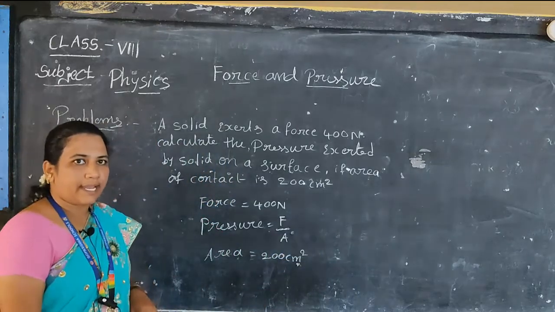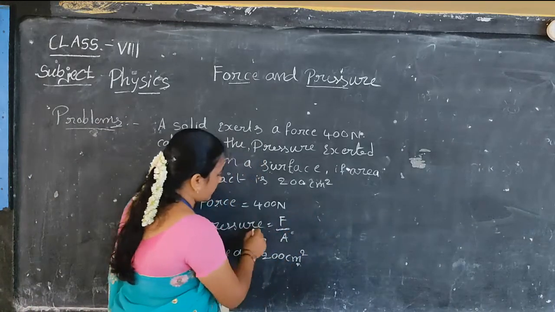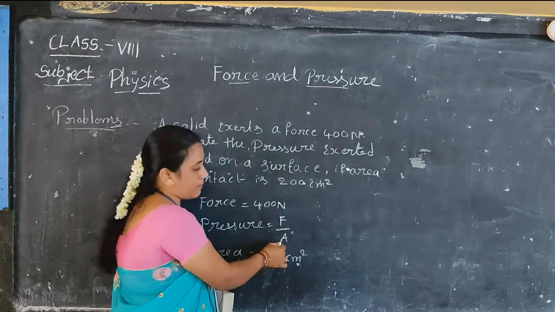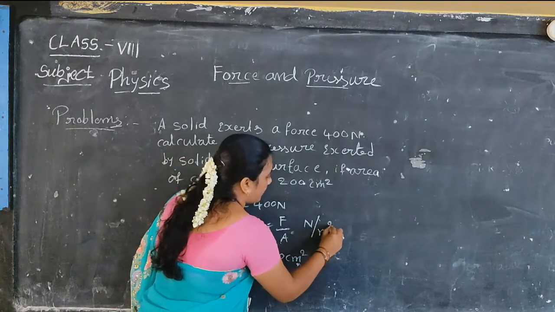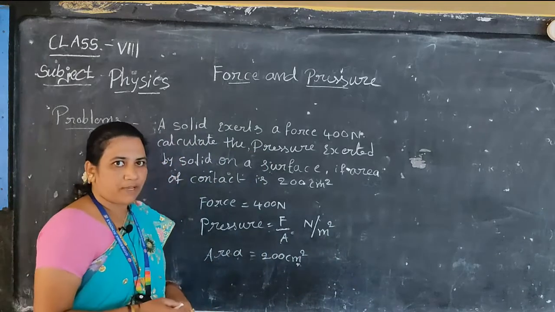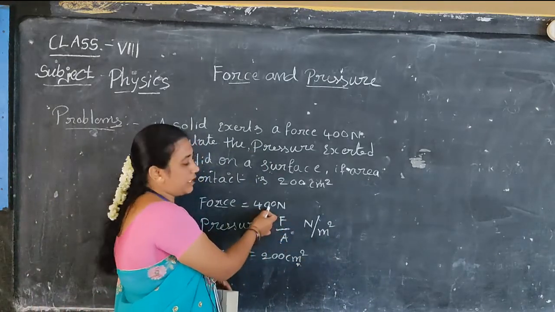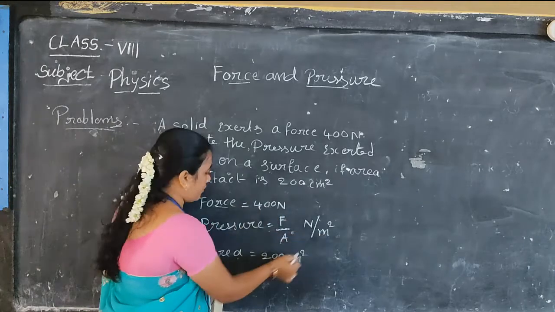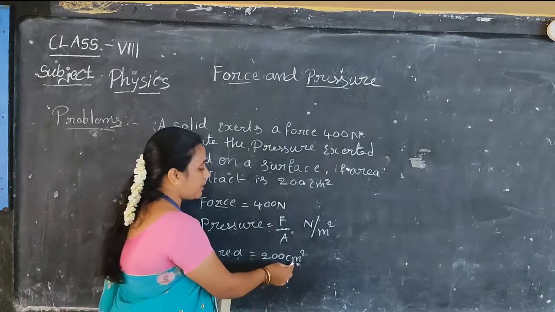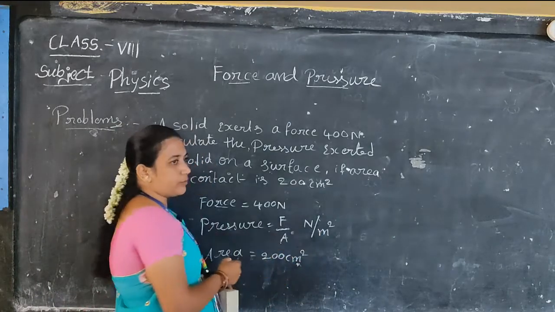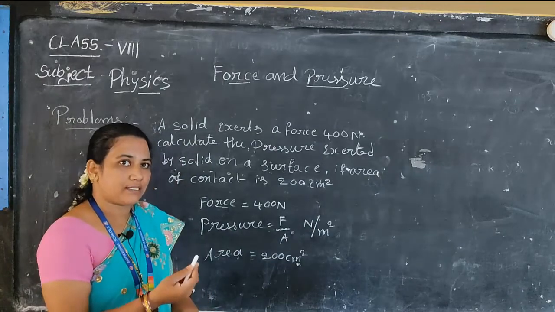As we know, the formula is pressure equals F by A. For that, what units are we going to use? Newton by meter square. Force is given in newtons only, so there is no need to change it. But area is given in centimeter square.